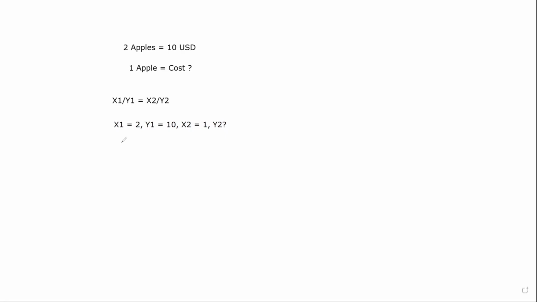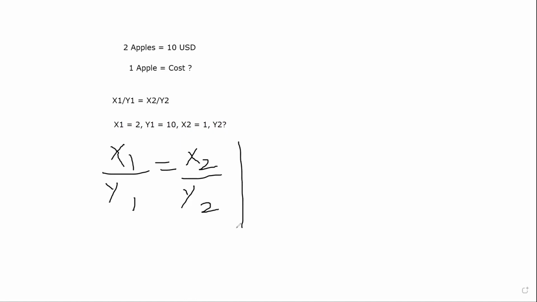We're going to put in the formula: x1 divided by y1 equals x2 divided by y2. Now we're going to plug in the values. x1 is equal to 2, y1 is equal to 10, x2 is equal to 1, and y2 we don't know. So we're going to just write it down as y2.